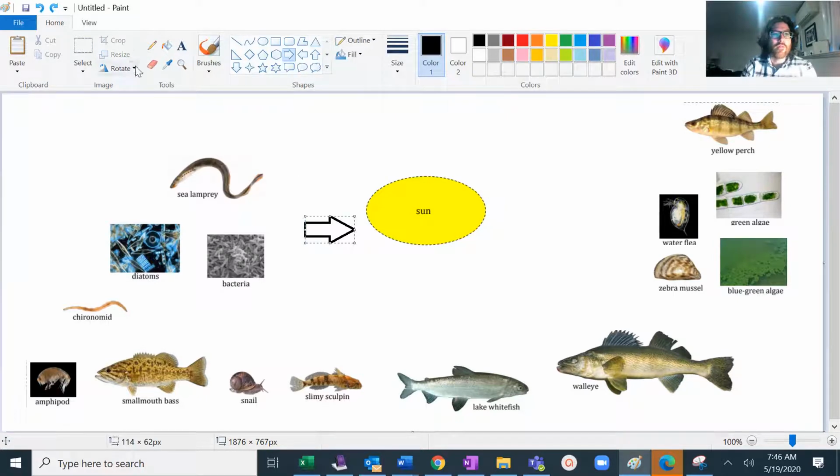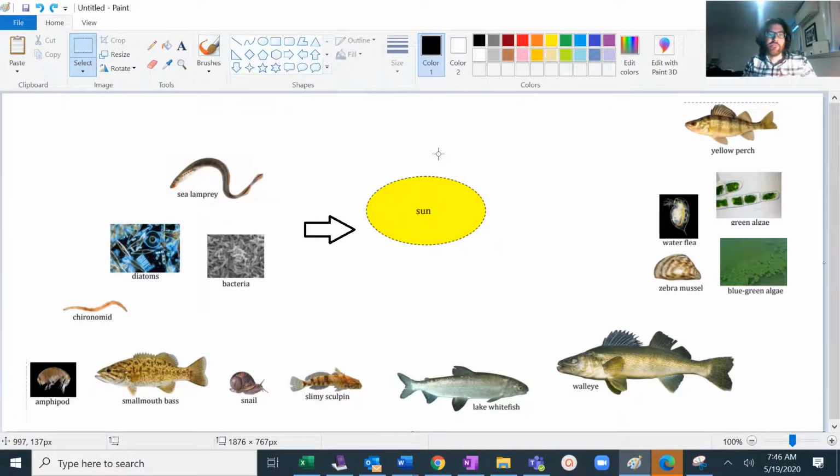And I can rotate it around. I can build this here in Microsoft Paint. If you'd rather do this on a piece of paper and take a picture of it and then upload it to Microsoft Teams, that's fine. But using this feature, you should be able to quickly organize them into a food web.